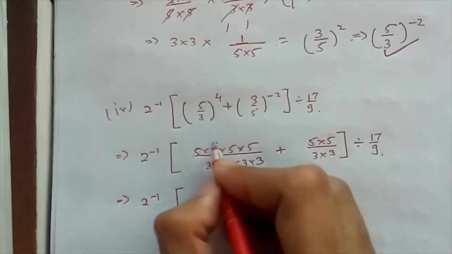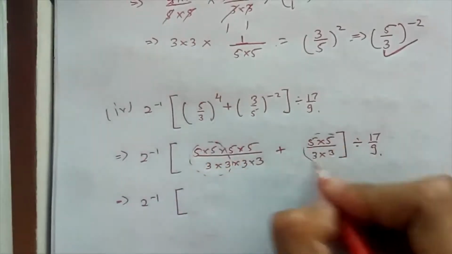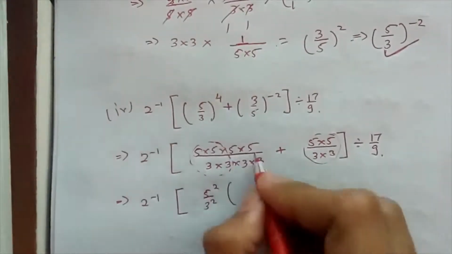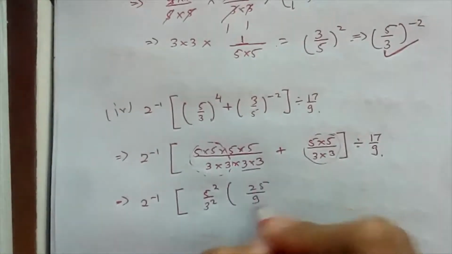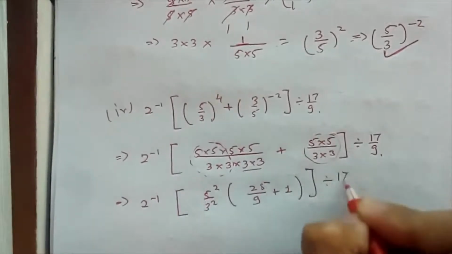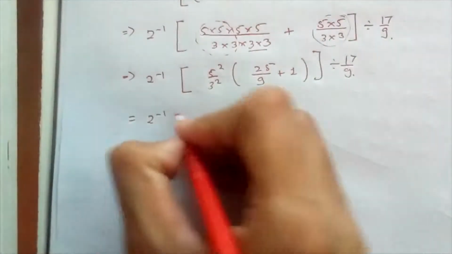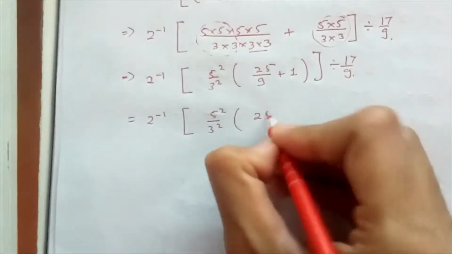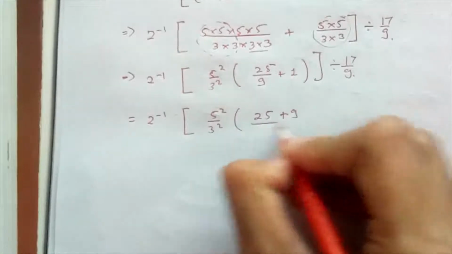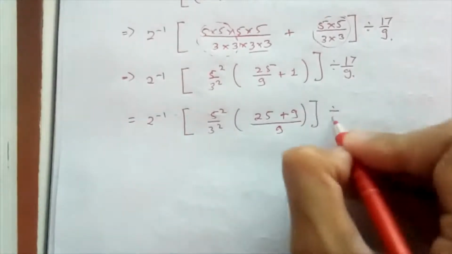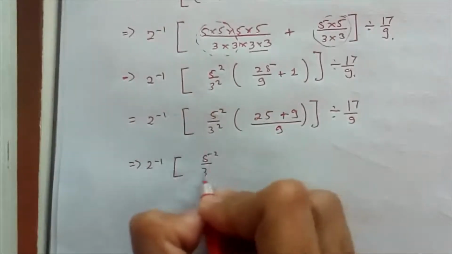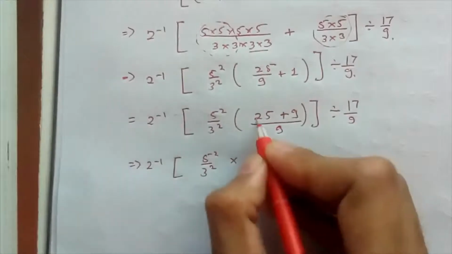We can take this part as common, so you'll get it like 5 square upon 3 square bracket, this is remaining 25 upon 9 plus 1, like this. It's 34.